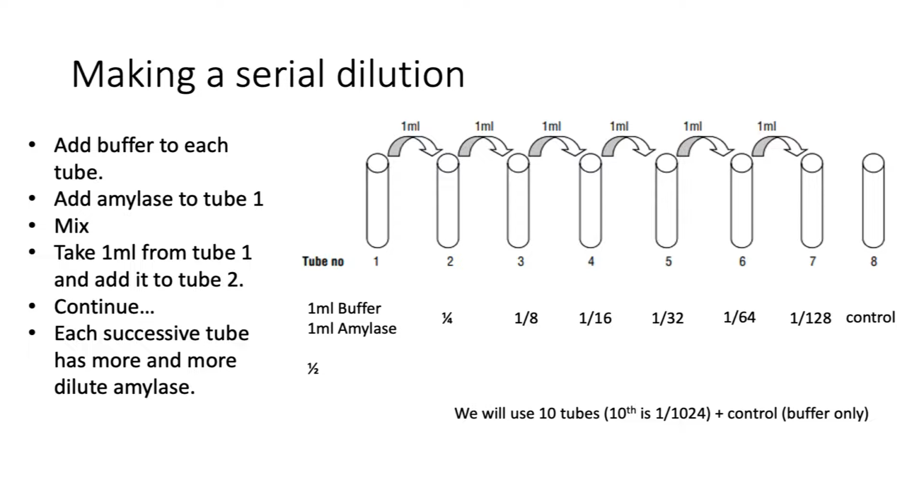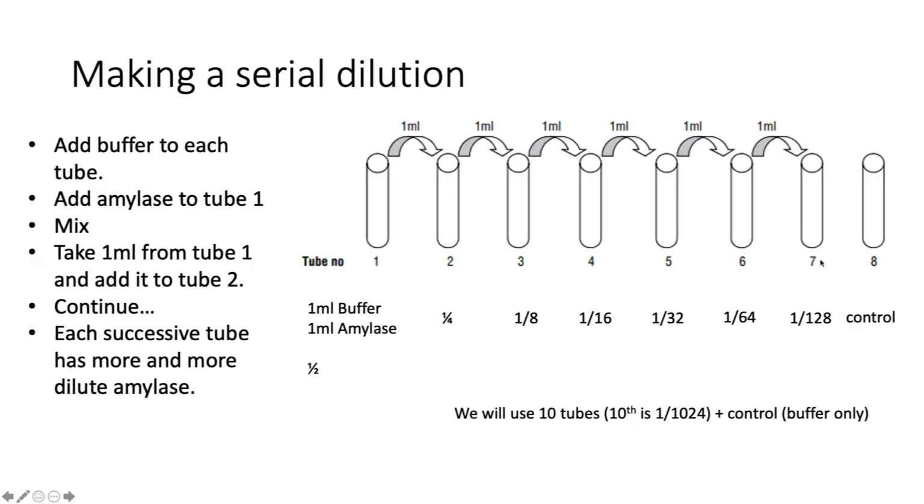Then we're going to mix those and take that mixture from tube 2 and add it to the buffer that is already in tube number 3. You can see as we go down the line, we get more and more dilute enzyme.